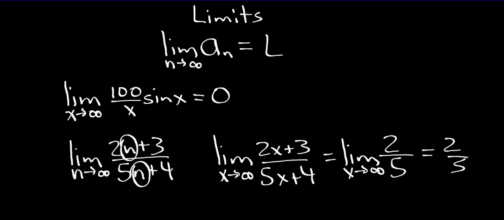Of course, this domain wouldn't be all the real numbers because you would have to exclude -4/5. But anyway, as x goes to infinity, it doesn't matter. So when we talk about the limit of a sequence, that's what we're talking about.